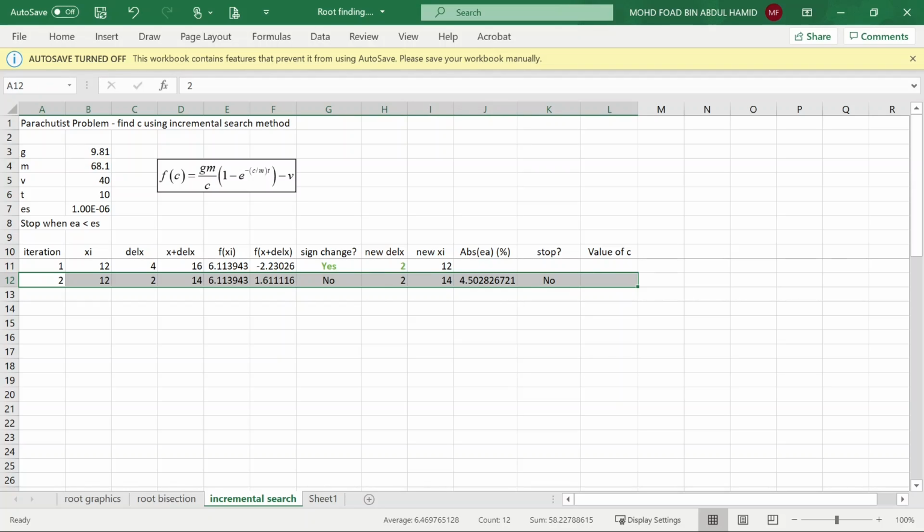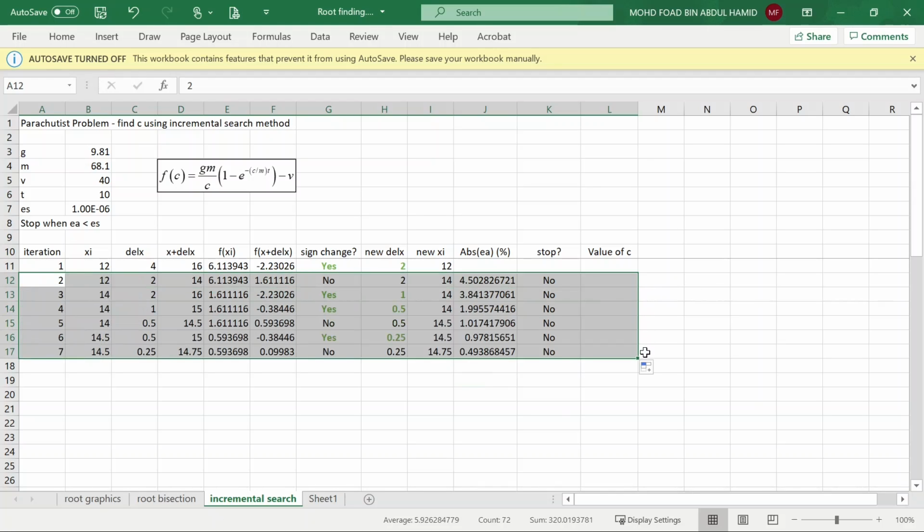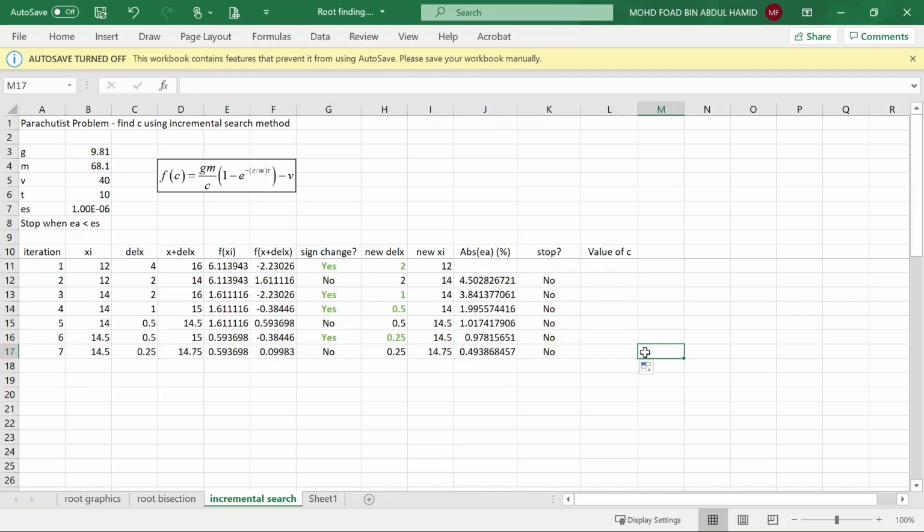So look at this. Our epsilon A is still more than our epsilon S, which is not stopping. So what we'll do is we just copy this, drag this, and see what is the value. So take a look here at the sign change, right?